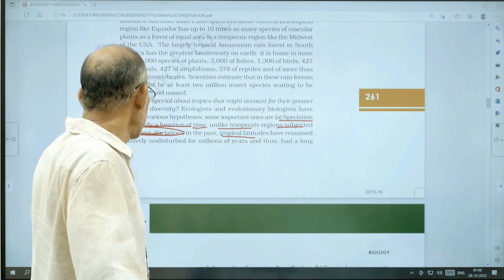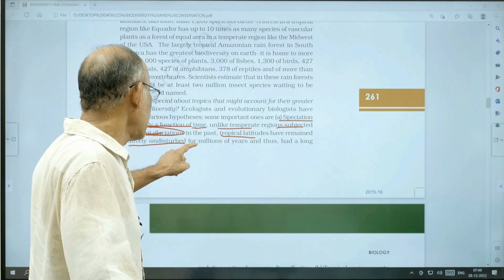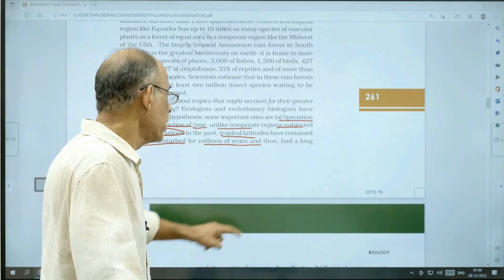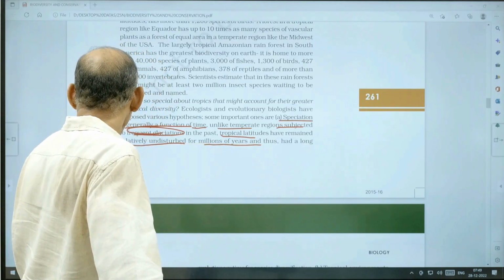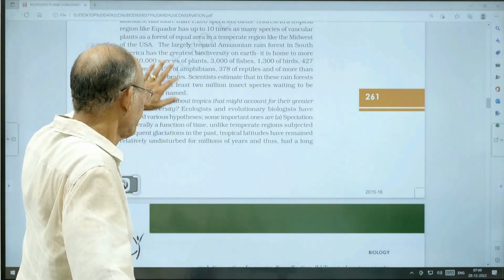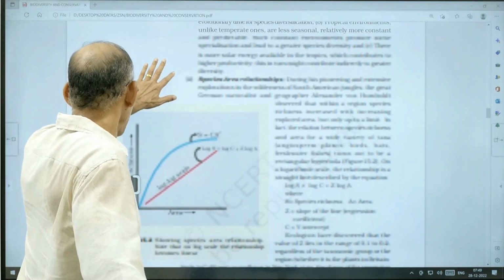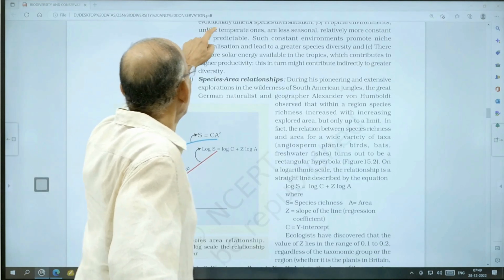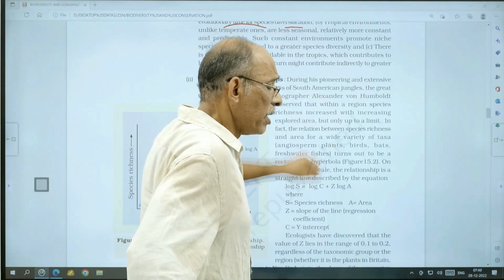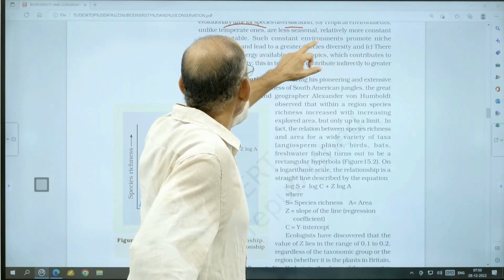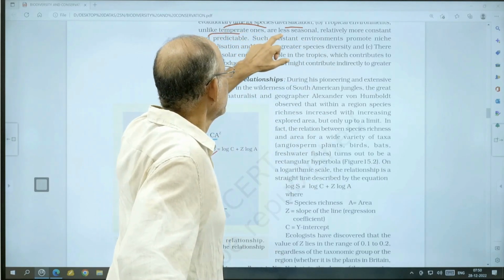These tropical latitudes have remained relatively undisturbed for millions of years, thus had a long evolutionary time for species diversification. Second, tropical environments, unlike temperate regions, are less seasonal.